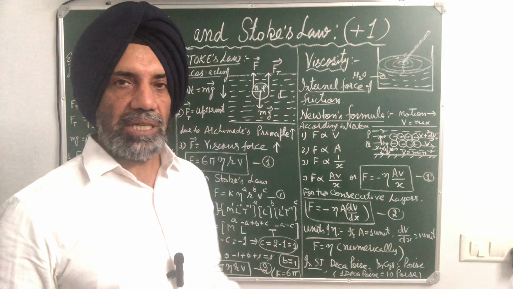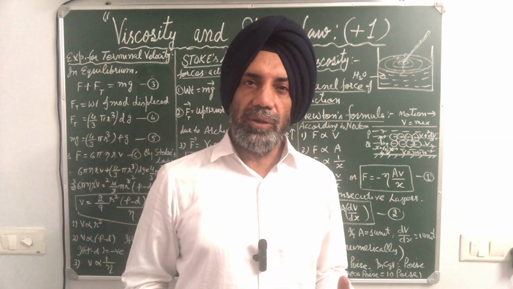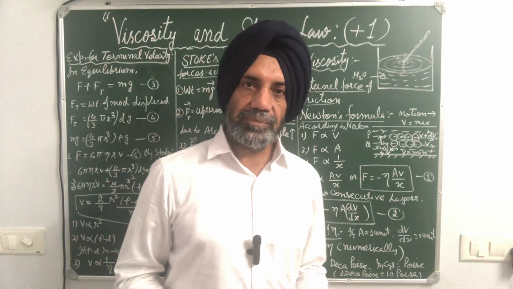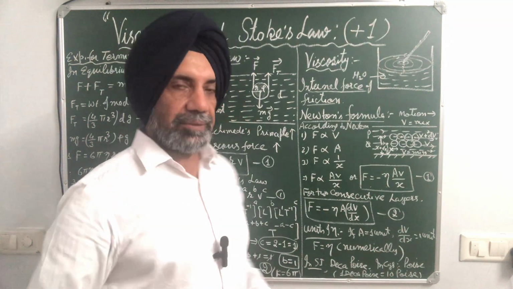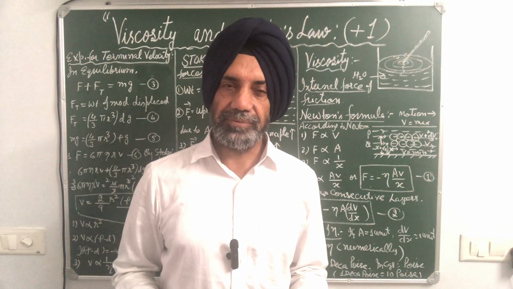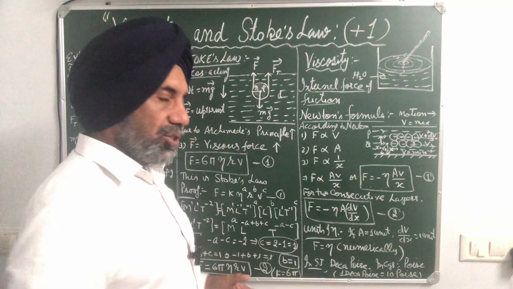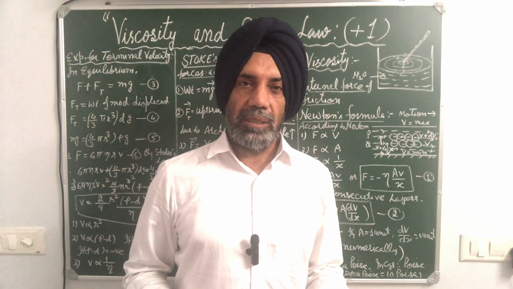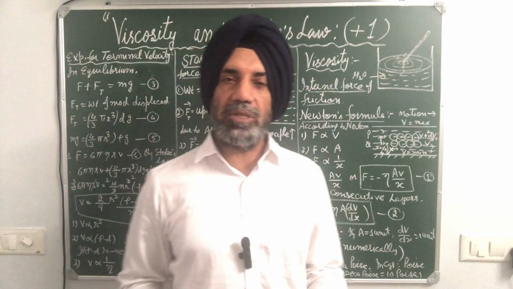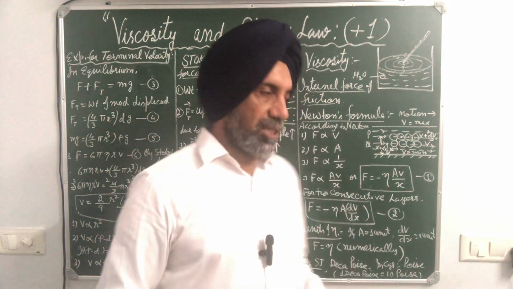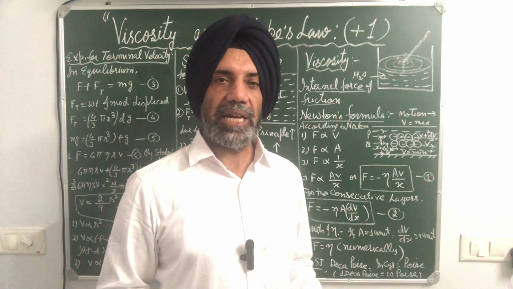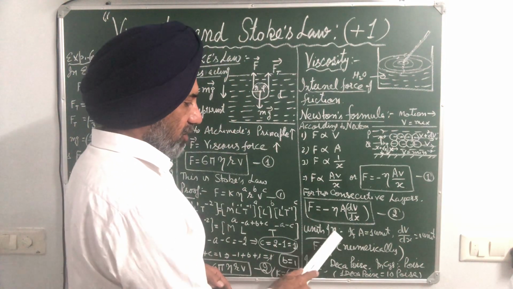So the coefficient of viscosity is numerically equal to the viscous force required to maintain unit velocity gradient and unit area, or you can say the coefficient of viscosity is numerically equal to the tangential force acting per unit area required to maintain unit velocity gradient between two consecutive layers, because this viscous force acts tangential to the surface of the two layers in the opposing direction. So this is the definition of the coefficient of viscosity.